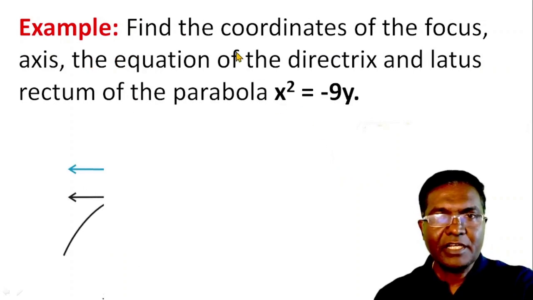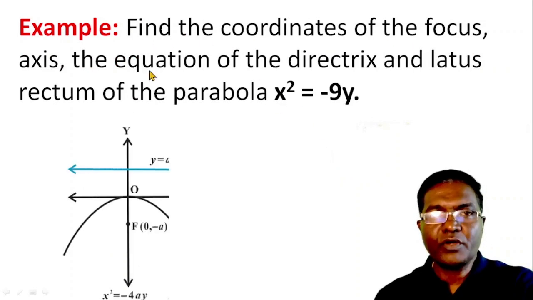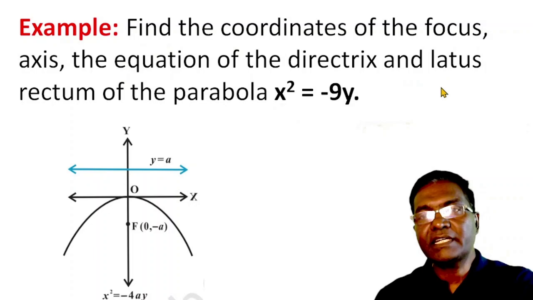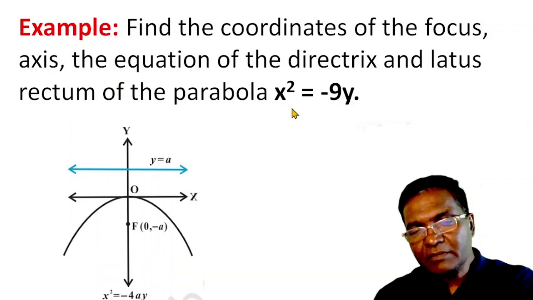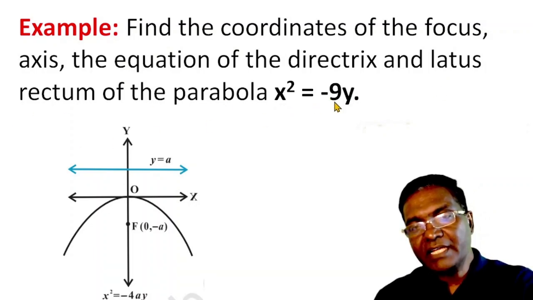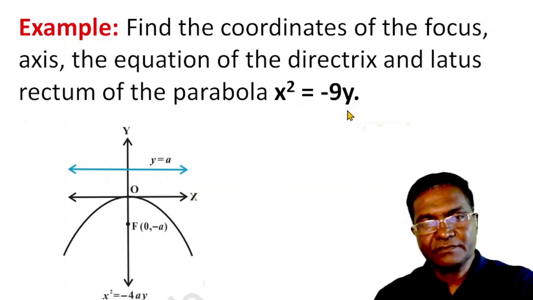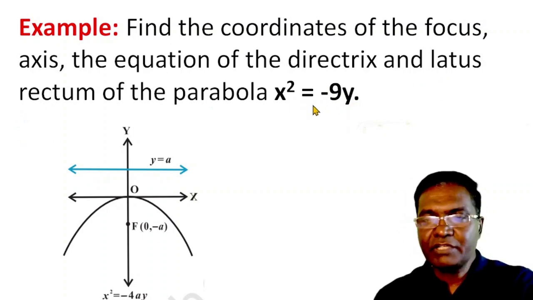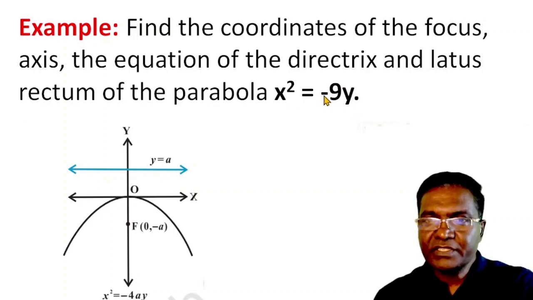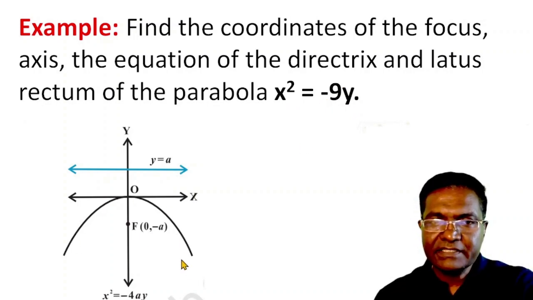Similarly, look at this. Find the coordinates of the focus, axis, the equation of the directrix, and latus rectum of the parabola x square equal to minus 9y. Coefficient of y is negative, so it bends towards negative y-axis like this.